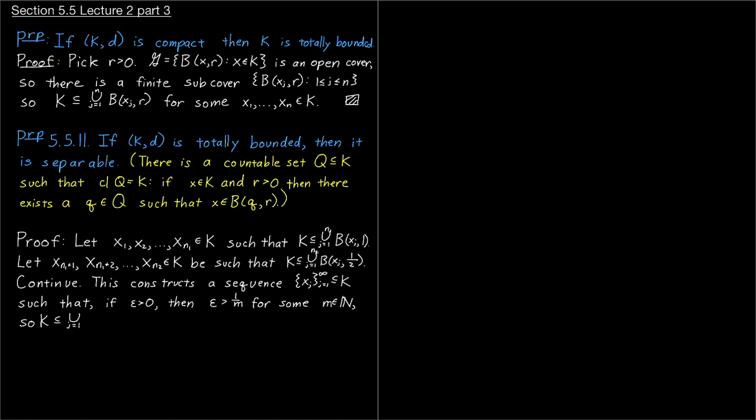So K is contained in the union up to n sub m of the balls centered at xj of radius 1 over m, and then epsilon is bigger. So if x is in K, then x is in a ball centered at some xj of radius epsilon. And since there's a sequence of the xj's, obviously there's countably many of them.